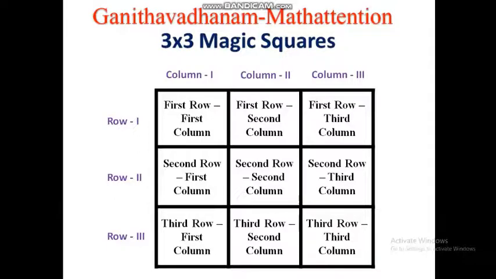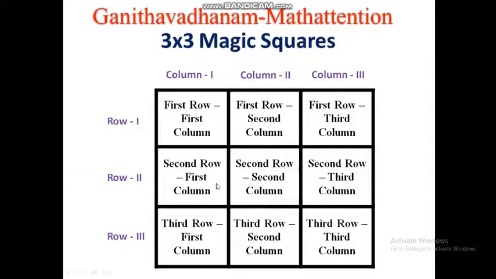Before filling a 3 by 3 magic square in the method of Avadhanam, we should first know about the 3 by 3 magic square. There are 3 columns and 3 rows. All vertical lines are called columns and horizontal lines are called rows. This box is the intersection of row 1 and column 1, so it is called the 1 by 1 box.